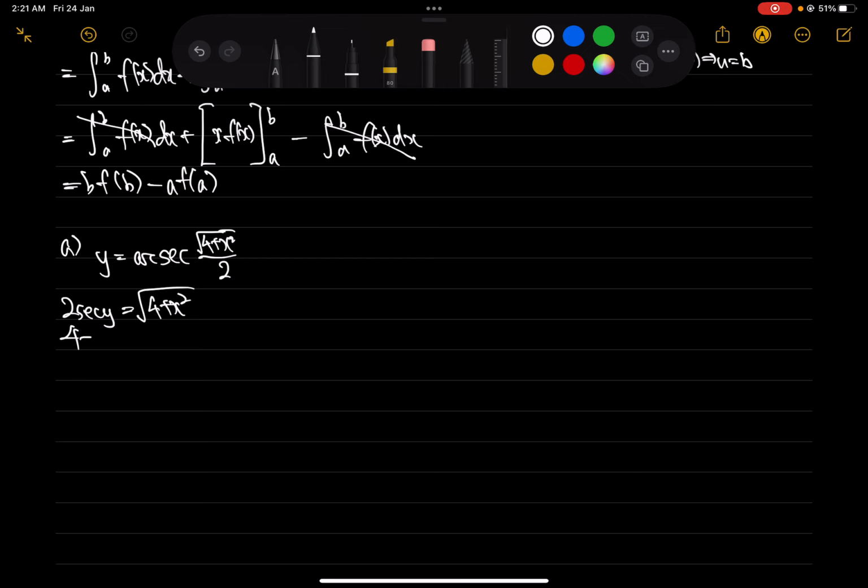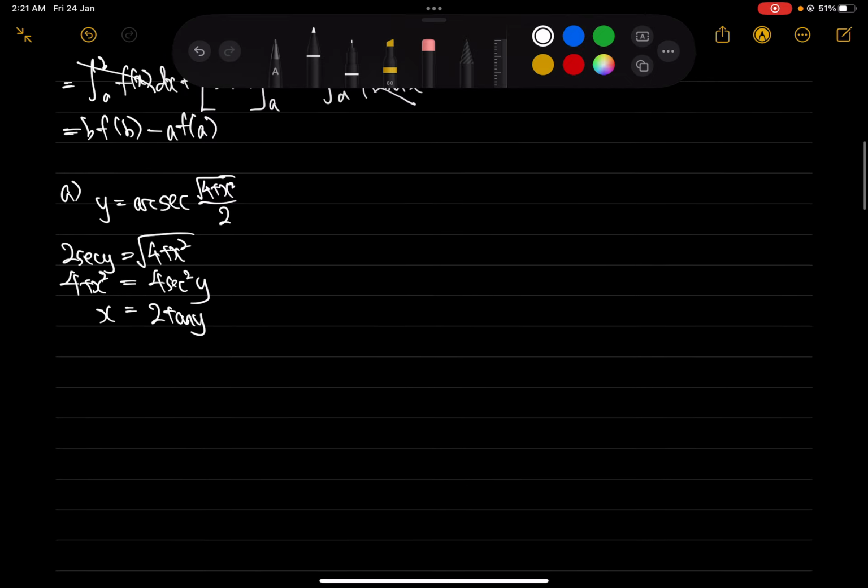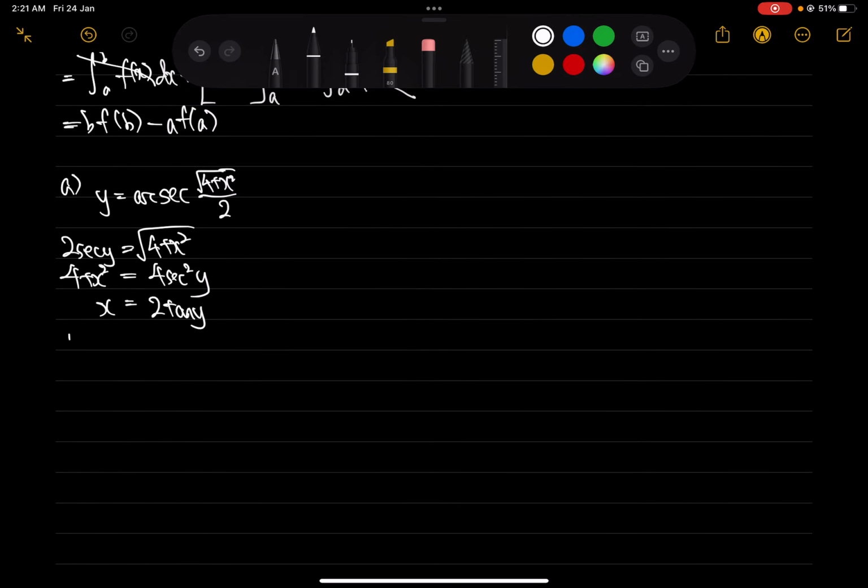So 4 plus x squared is equal to this. So x is 2 tangent of y. So if f inverse is this, the original function would just be 2 tangent of x.